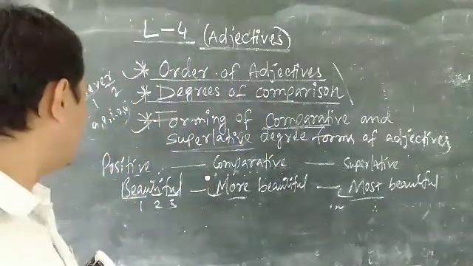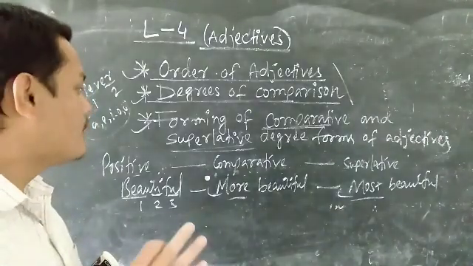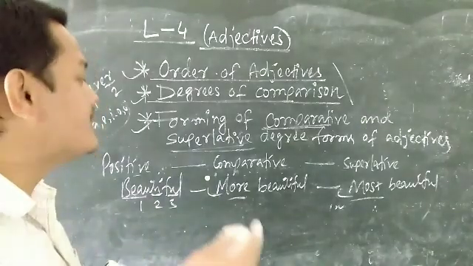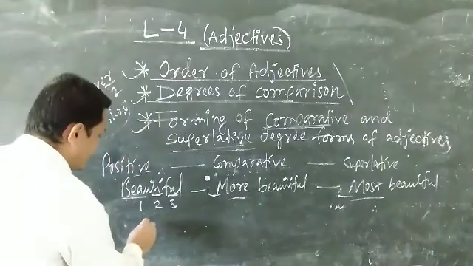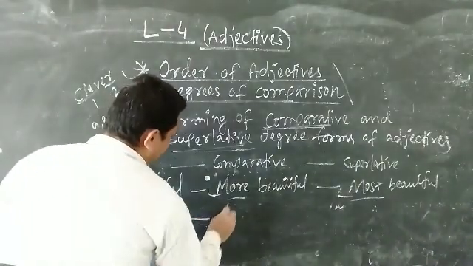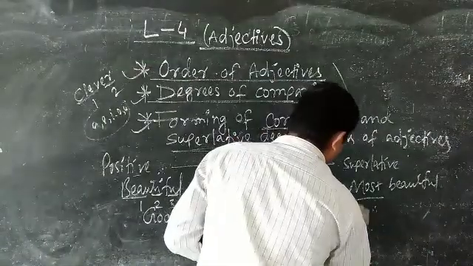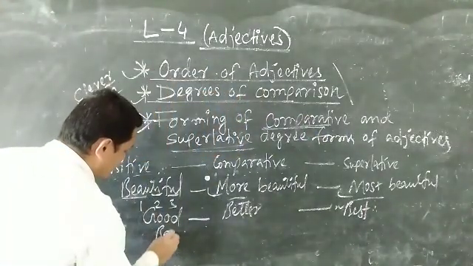Dear students, some other adjectives are also there which do not follow all these rules. We have to change the entire word or spelling of the word. For example, this one, you see, good. Its comparative degree is better, and its superlative degree is best. Similarly, bad.